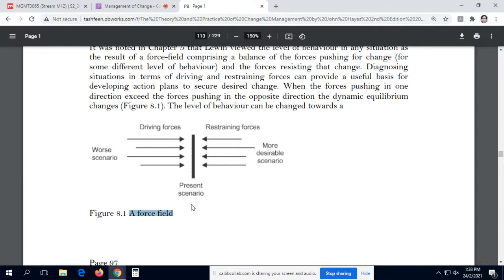You can write the present scenario here, and then after interviews or observations or online searches, you can write the driving forces which are leading to this present scenario, and then you can write the resistance here, and then over here you can have the worst scenario, and over here a more desirable scenario.